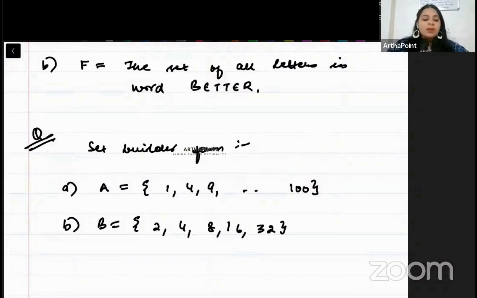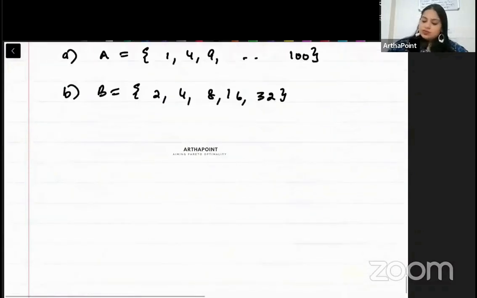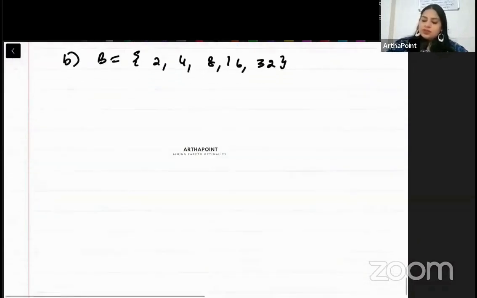Theek hai ji. But today we will continue with the set theory, and what we are going to talk about is the concept of empty set. So the topic of the day is empty set.